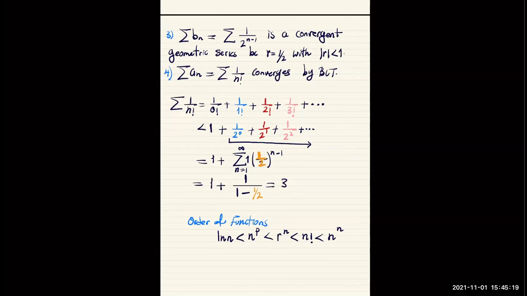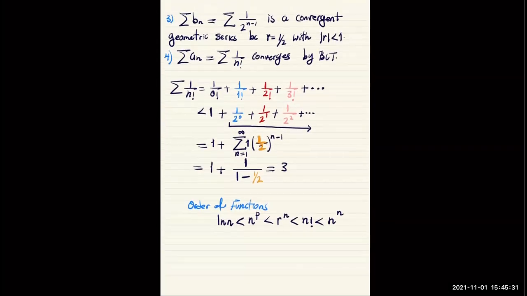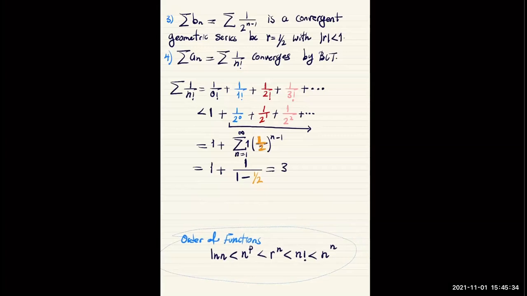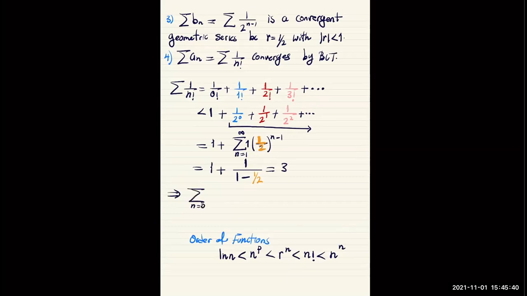This inequality tells us that the series does not go beyond 3. It's always going to be less than 3.